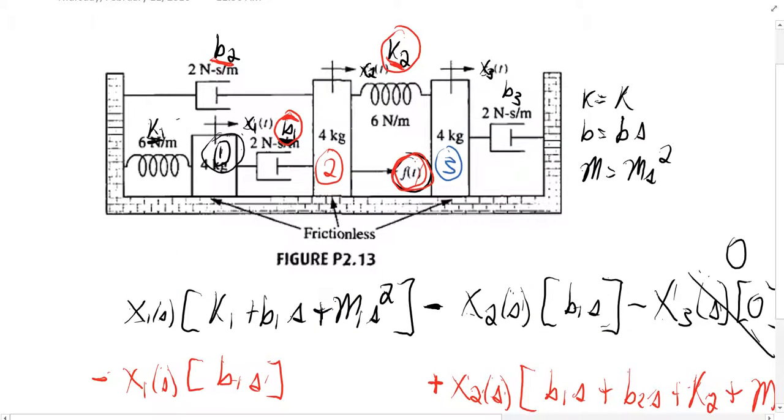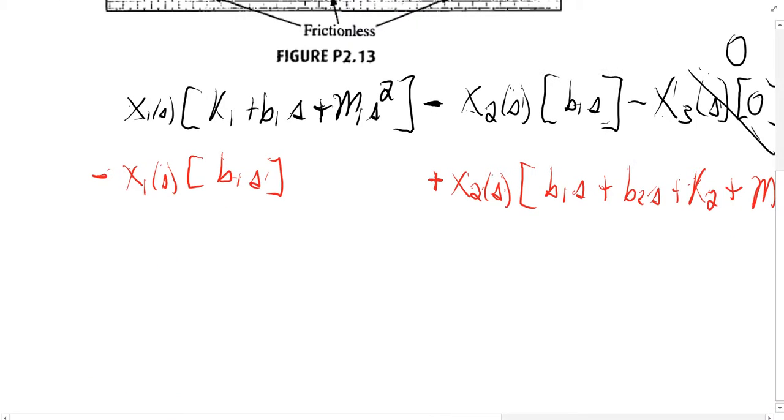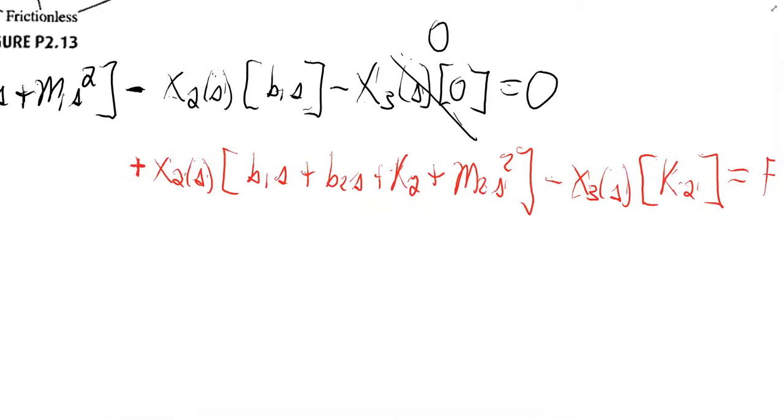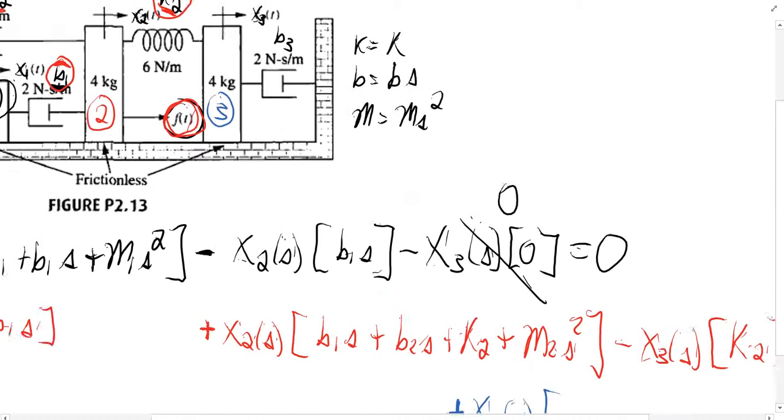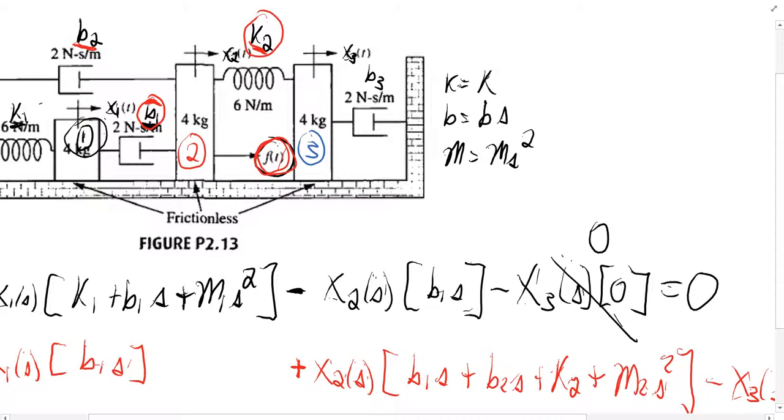Now finally we're gonna do the equation for the third mass. So as always we start with our third mass, so X3 of S positive, don't forget it, and we open parentheses, and we're gonna see what components are connected to the third mass, which is the third mass itself, this B3, and this spring.